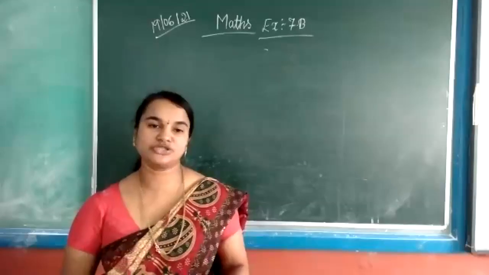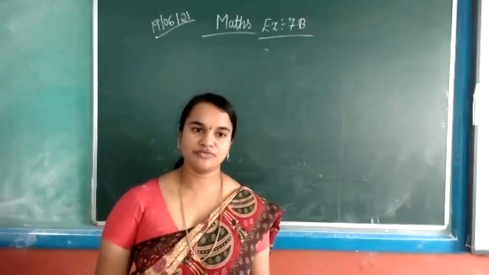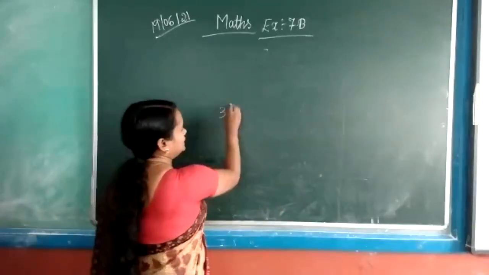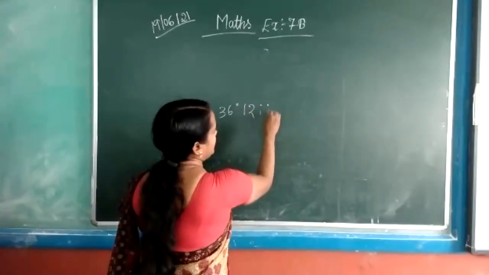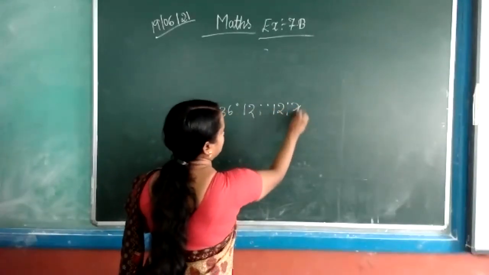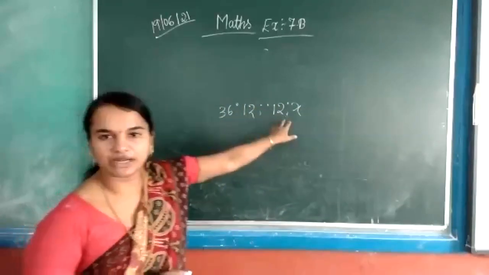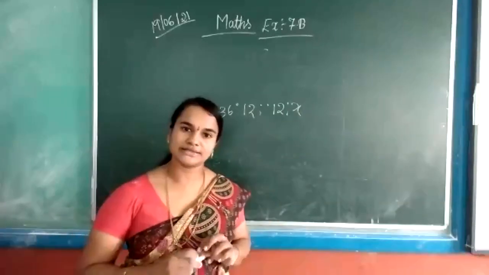If possible, do it. Otherwise, when we get the next class, we will do it. Third proportion means if it is given as 12, then x. Any number which comes in the second part, it will be continued again, then x.